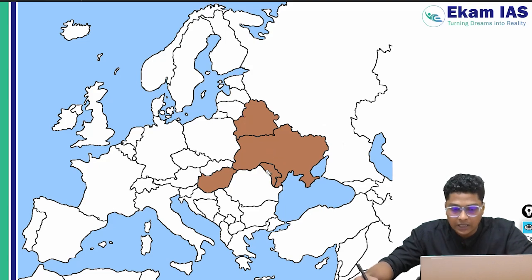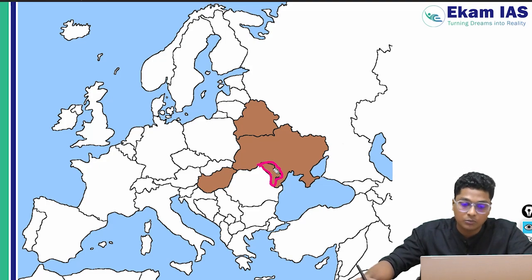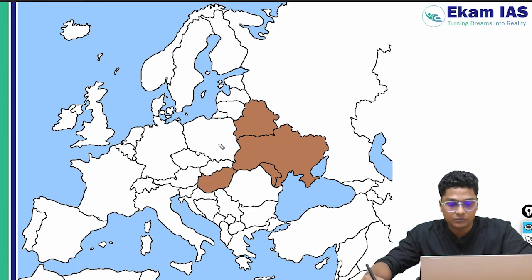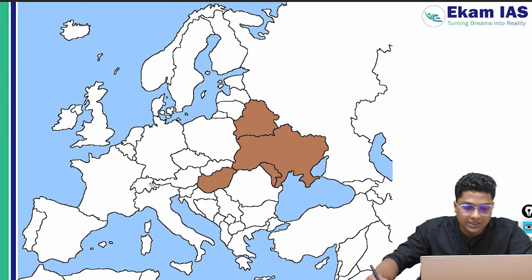Okay. Now this region here, landlocked country Moldova, right? Landlocked country Moldova, which is located here. And also you should understand this: Ukraine is sharing border with Hungary. This region is Hungary, right? So earlier we talked about this particular region.